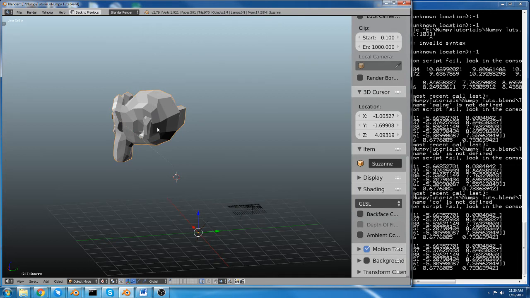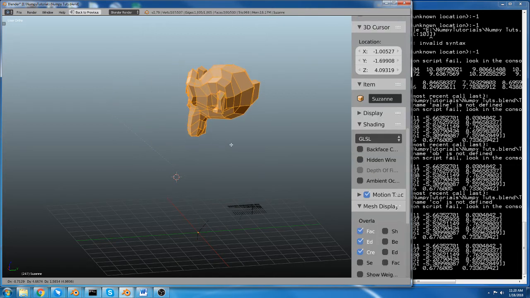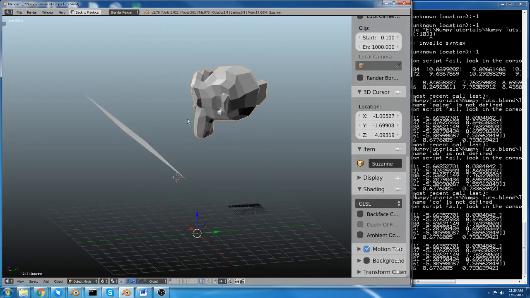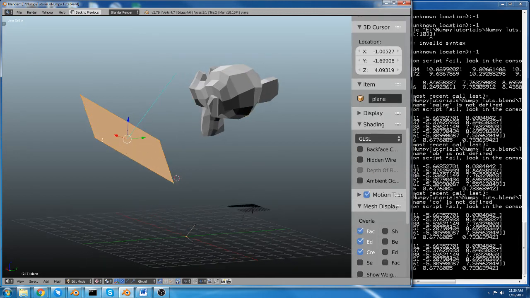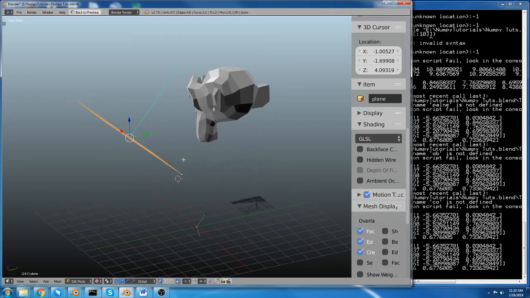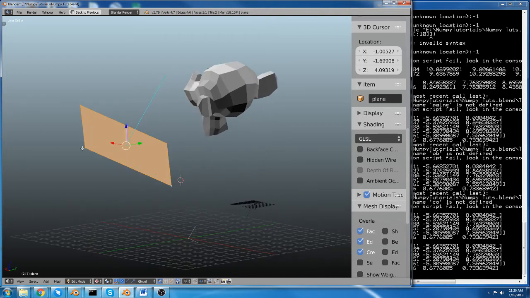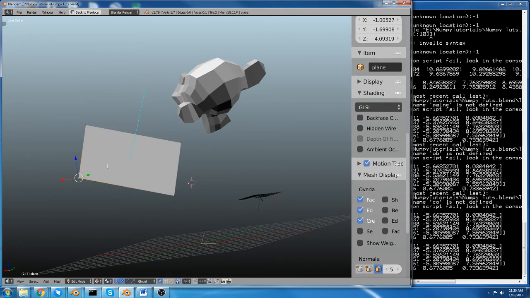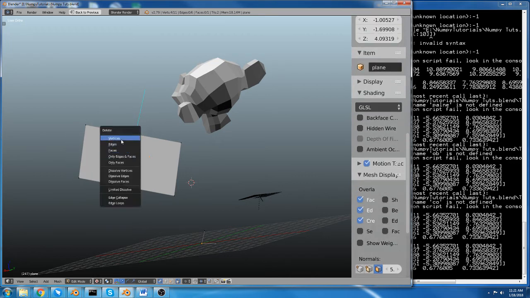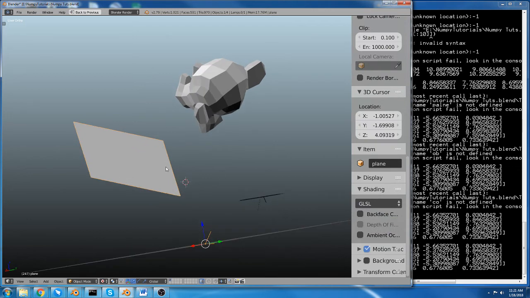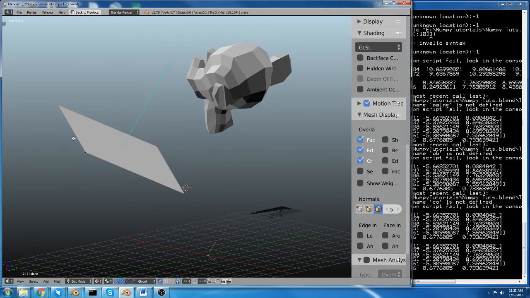So if we take Suzanne's vertices and subtract them from any vertex that's on the infinite plane of this object, this plane, it could be any one of these points as long as they're on that plane. Really, it just has to be on the plane for the exercise that we're doing. I'm just going to pick one randomly.